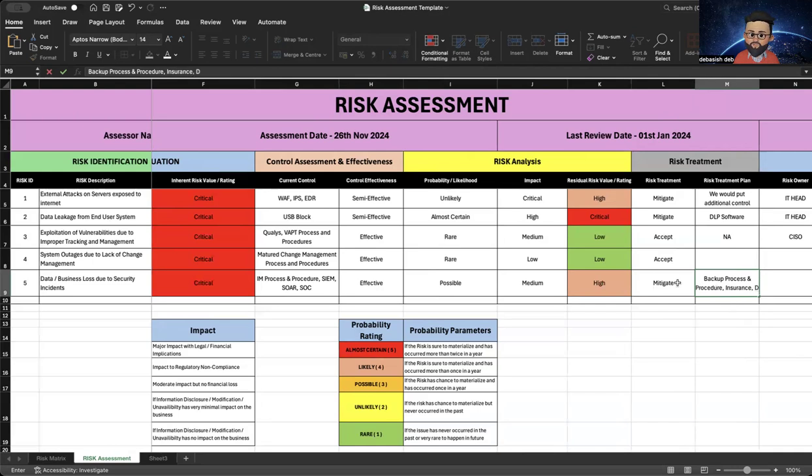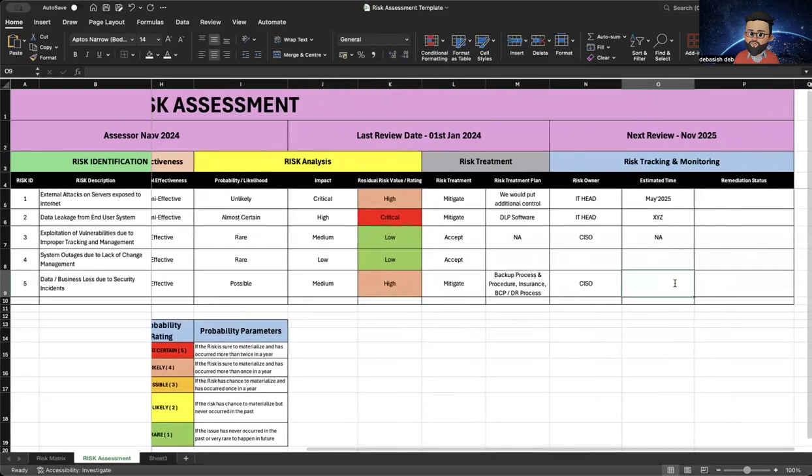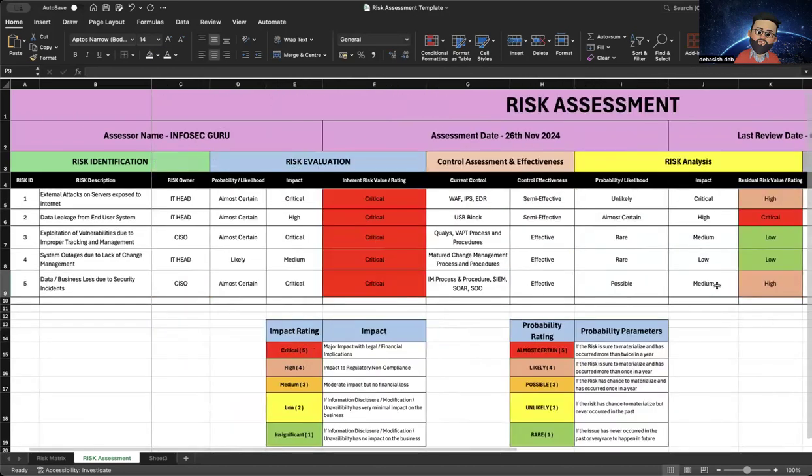Okay, we may have some BCP DR process. Okay, these are the following plan which will follow. So again, who would own this? Let's say CISO is going to own this. What is the time frame? And let's say all these processes would take some time. So we'll mention 1 year from now, which is November 2025, and then we'll follow up on the remediation status.